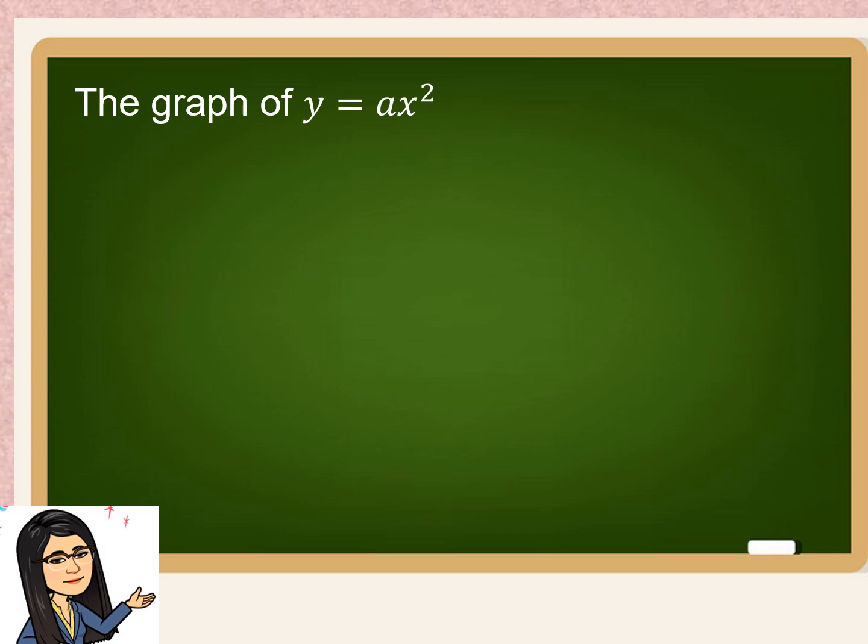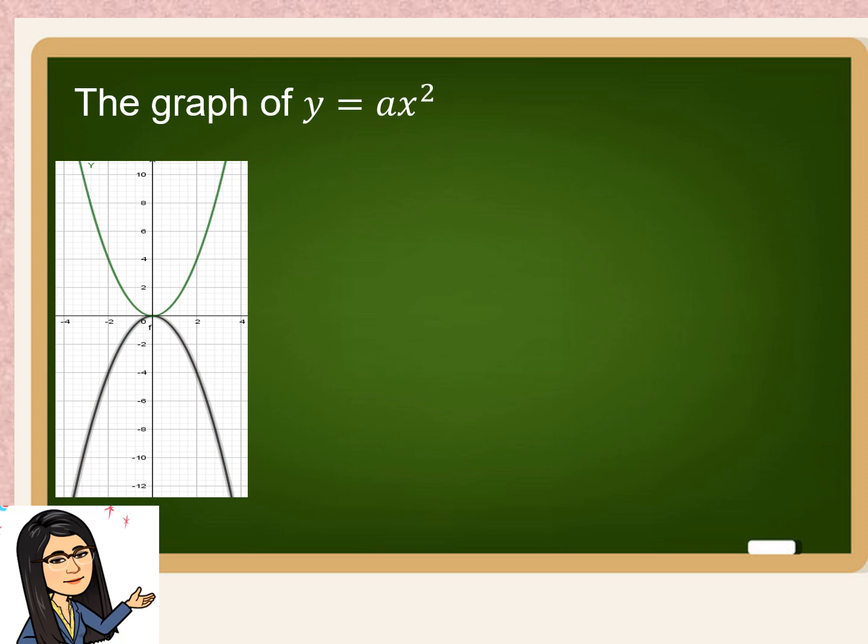Now, let's describe the graph of y is equal to ax squared. In our graph, the one that opens upward is y is equal to x squared, where the value of a is equal to 1. The inverted graph is y is equal to negative x squared, where a is equal to negative 1.